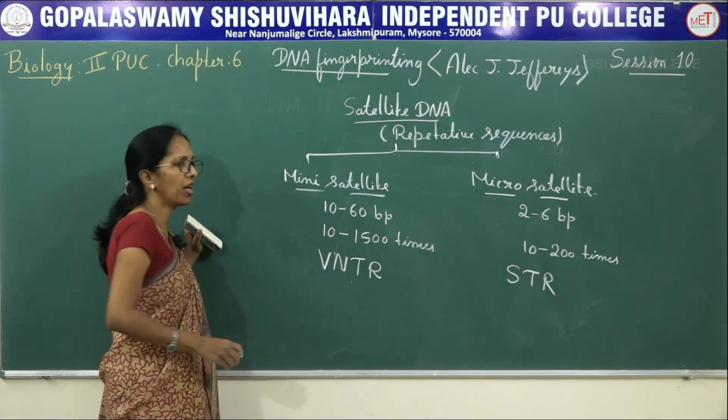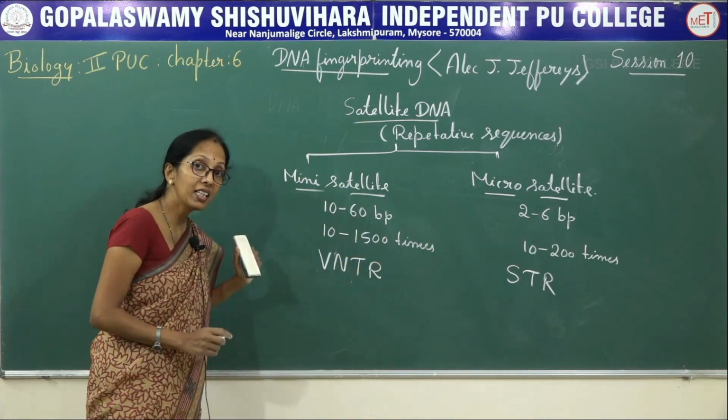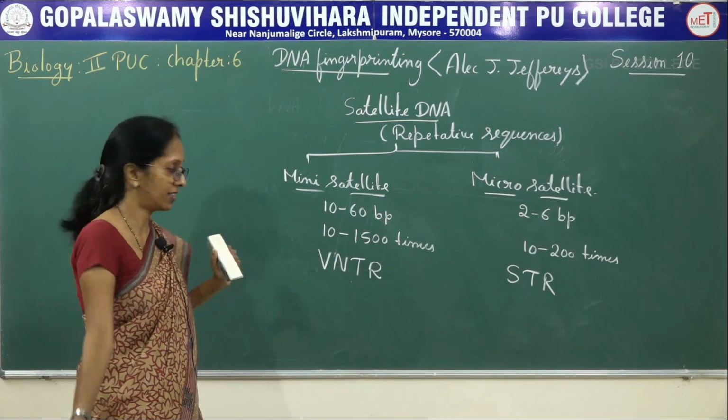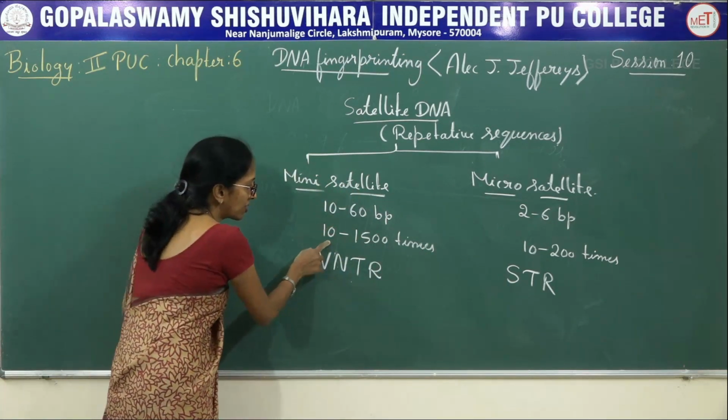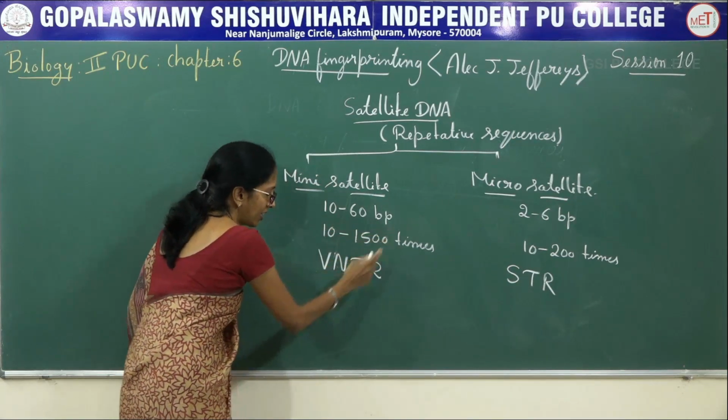What is meant by variable number tandem repeats? Tandem repeats means one after another. Here the base pairs usually contain 10 to 60 nitrogen bases.